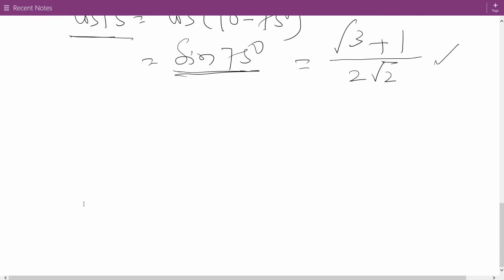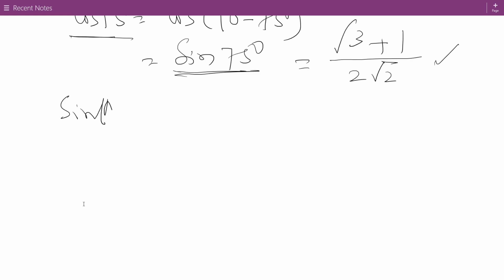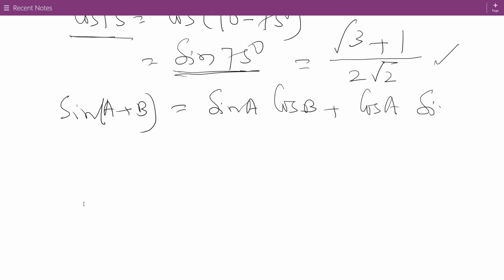Say sin A plus B, sin A cos B plus cos A sin B, if A equals B equals theta.